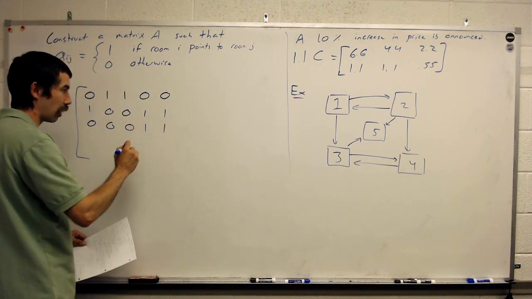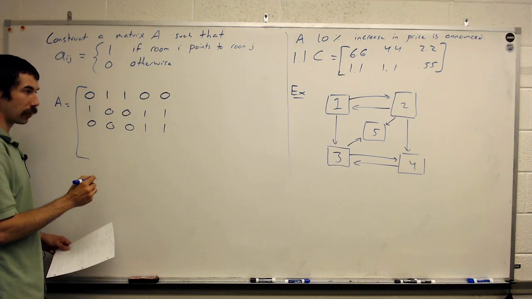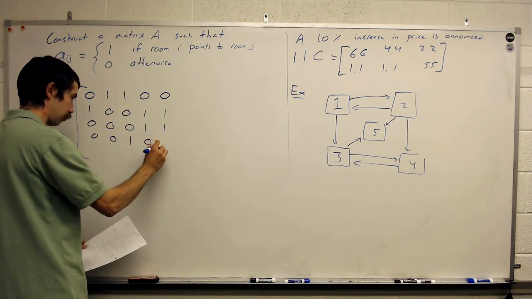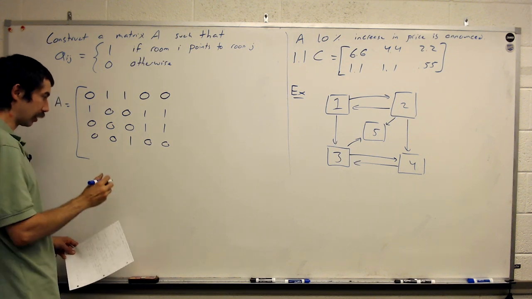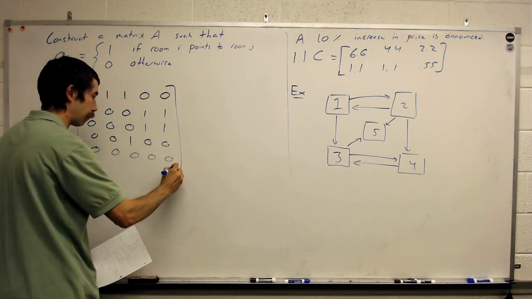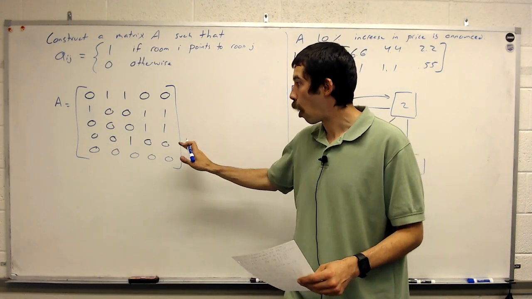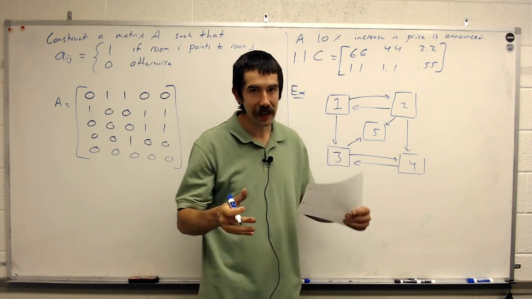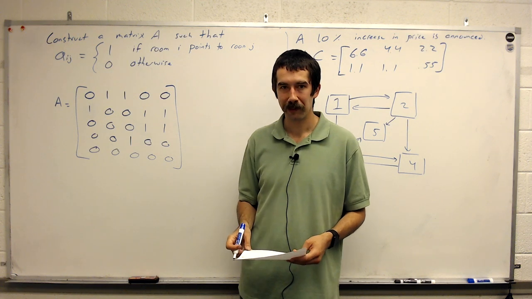It does point to 5. 4 points only to 3. And 5 points to nothing. All right, so this matrix has all of the same information as our initial diagram. So this is another application of how matrices can be useful.